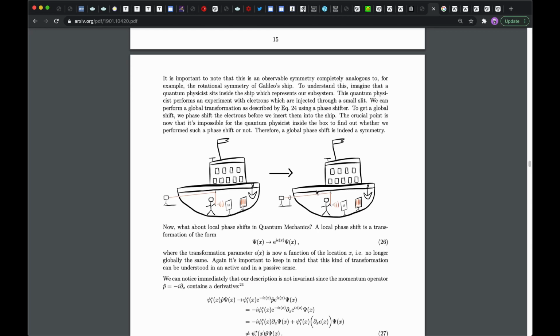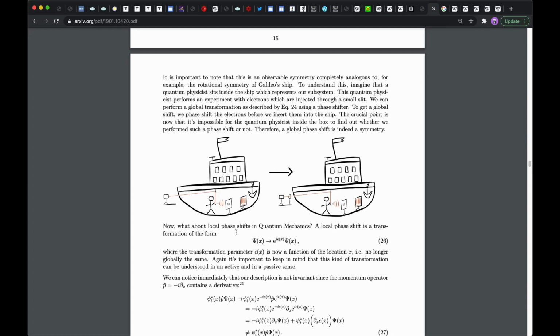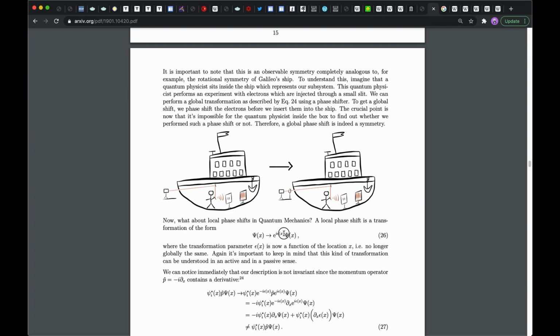And therefore we have that global gauge symmetry in quantum mechanics. And we can ask about local phase shifts now. Locality means that instead of having a constant here, we will have epsilon of x, some kind of function which will depend on our space-time or space coordinate x.